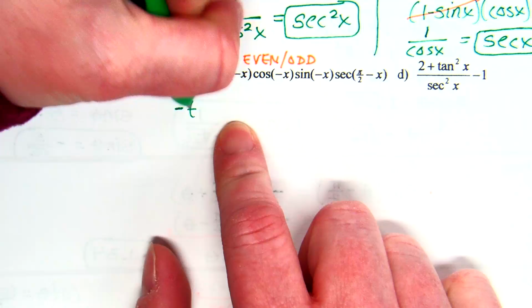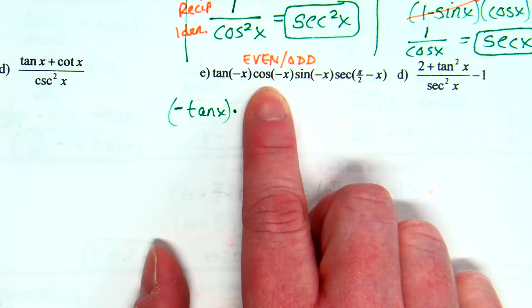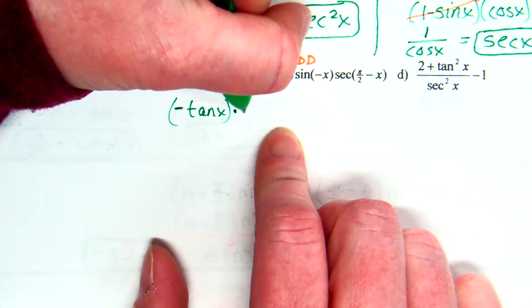Times cosine of negative x is equal to what according to our even odd identities? Positive cosine x. Sine of negative x is equal to what according to our even odd identities? Negative sine x.